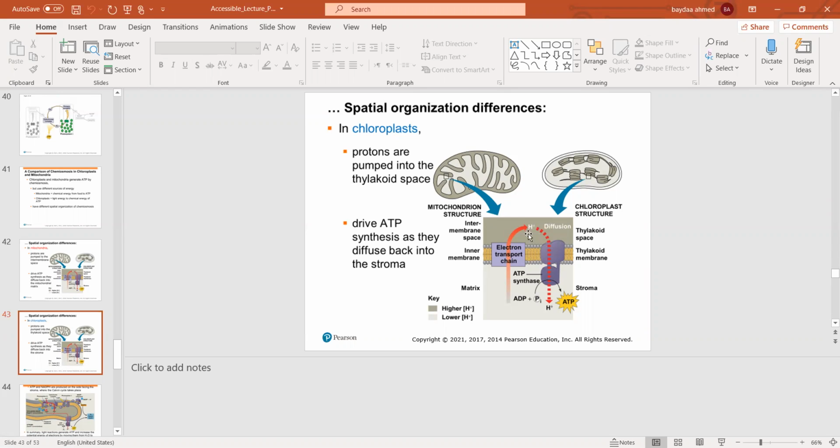In mitochondria, protons diffuse down their concentration gradient from the intermembrane space through ATP synthase to the matrix, driving ATP synthesis.